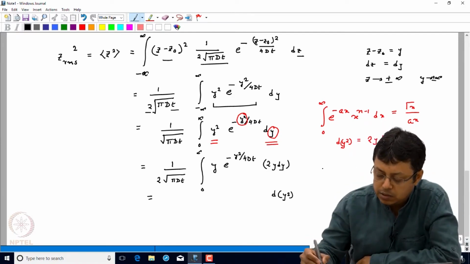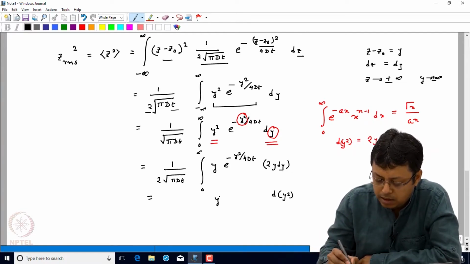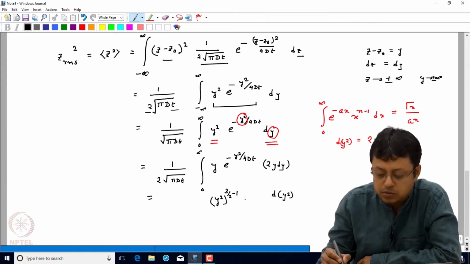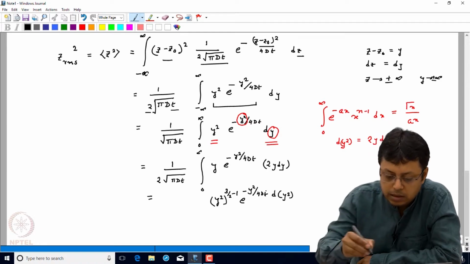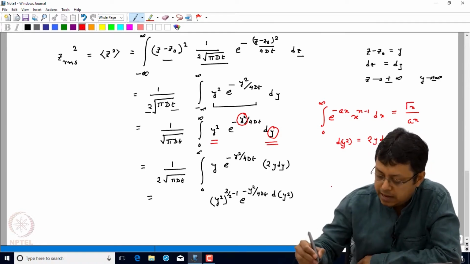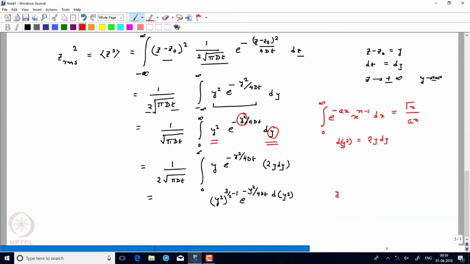Now what I'm going to do is basically this y, I'm going to write it as y squared to the power half, and y squared to the power half can be further written as half is 3 by 2 minus 1. So now it looks like a gamma function, where you can think the x here, the y square, is basically x here.